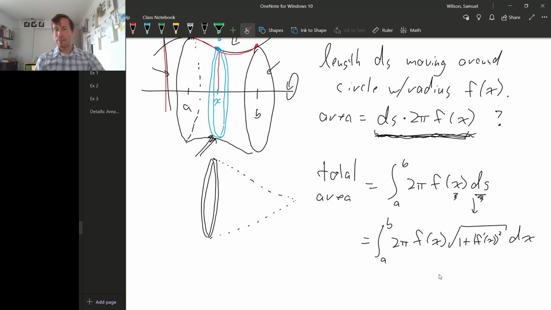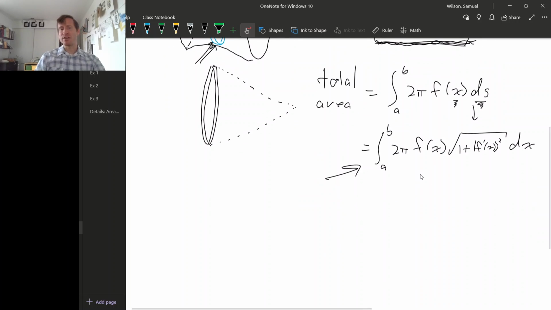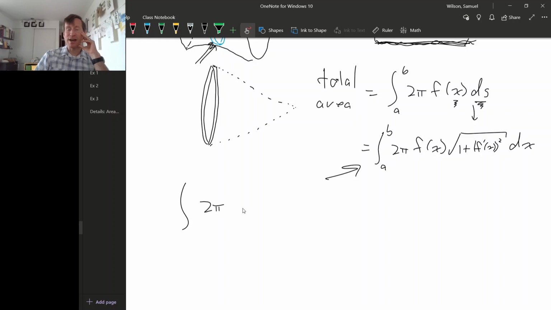Okay, so this is if you're rotating a function of x around the x-axis, this will give you the area that it sweeps out. There are some variations on this. All of the variations on this surface area idea look like the integral of 2 pi times some sort of radius times ds.